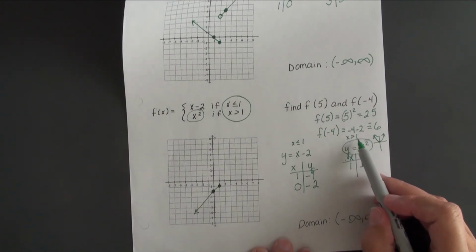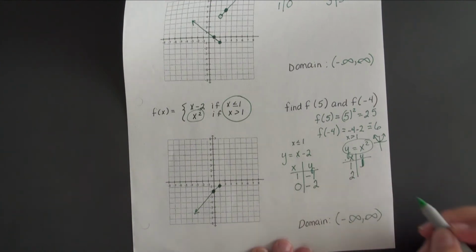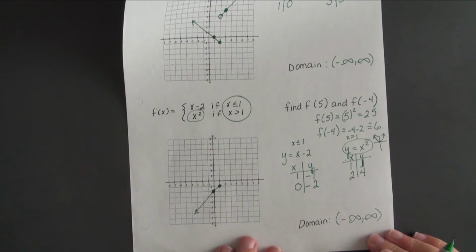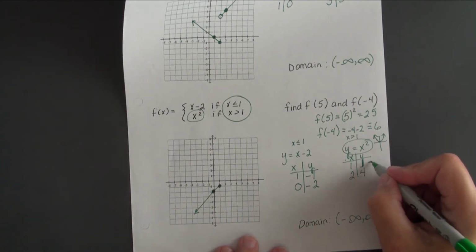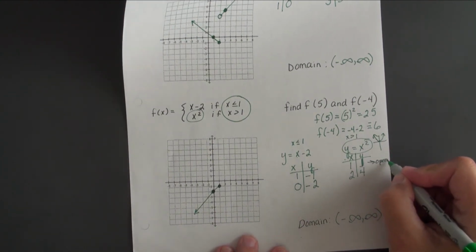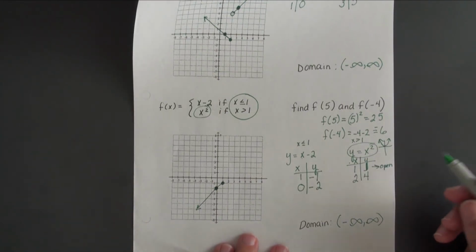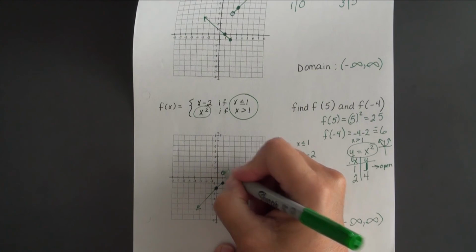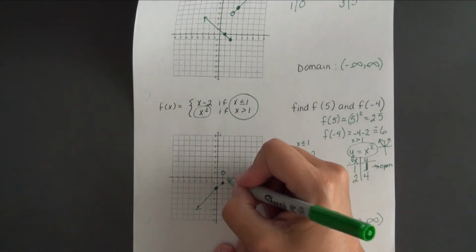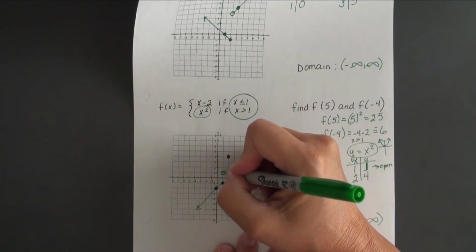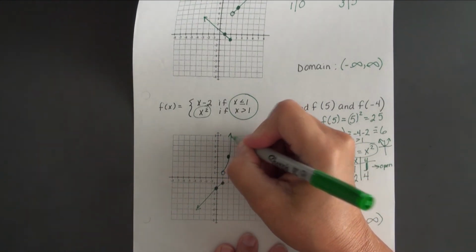And choose a number greater than 1. I'll choose 2. And 2 squared is 4. Now at the 1, 1, I need to have an open circle because this says greater than 1. So 1, 1, and then 2, 4, and then remember it kind of curves, so we'll just draw it as a curve.